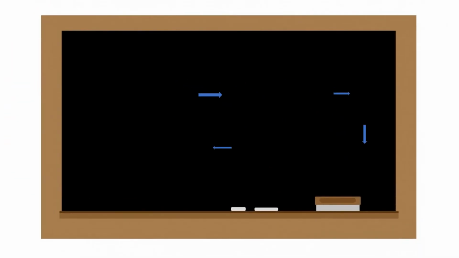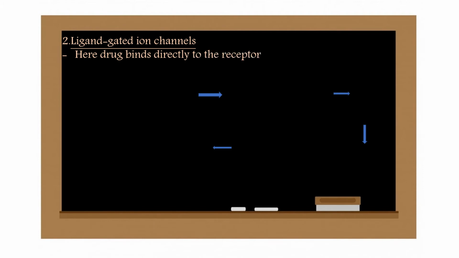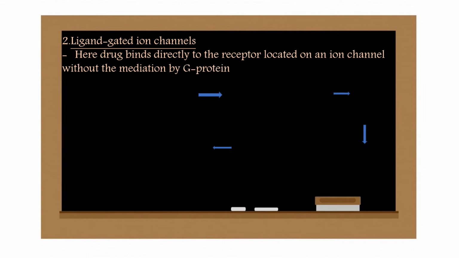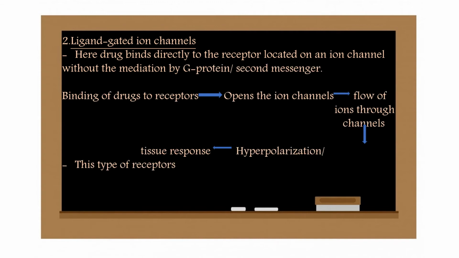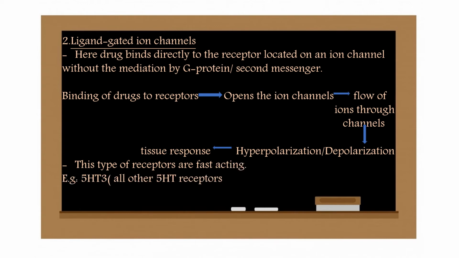The next receptor type is ligand-gated ion channels. Here, the drug binds directly to the receptor that is located on an ion channel without the mediation of a G protein or second messenger. So binding of the drug to the receptor opens the ion channel.